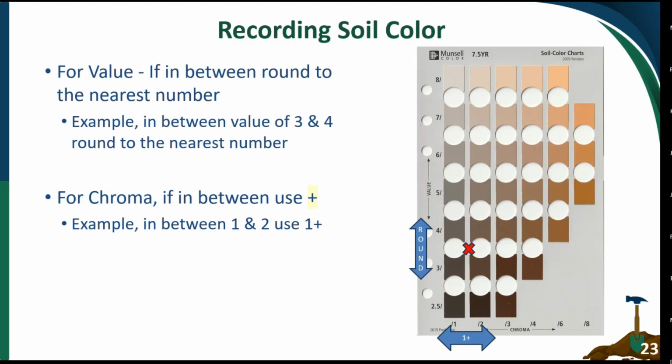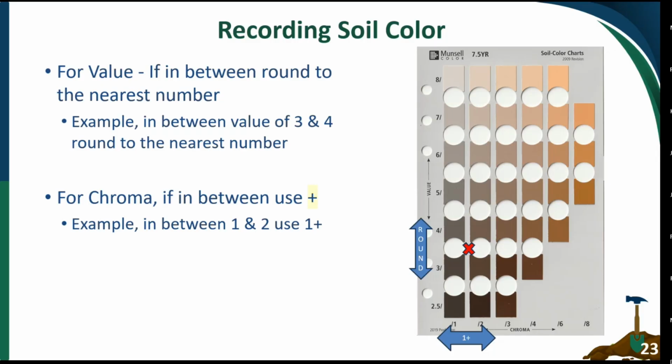For example, say you have a color that falls where the red X is. Let's say it's between a value of 3 and 4, and its chroma falls between a 1 and a 2. In our example, we're going to consider the F13 umbric surface.